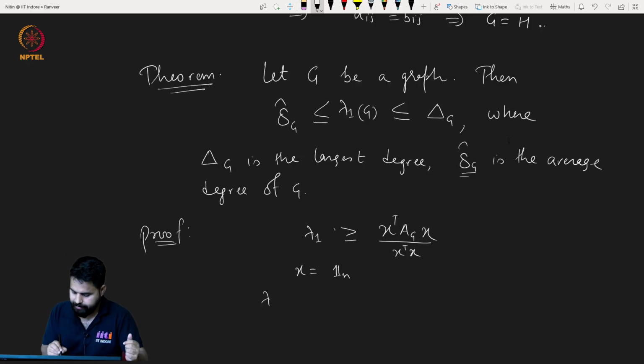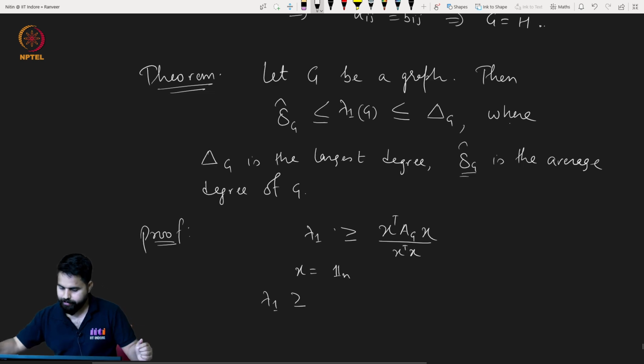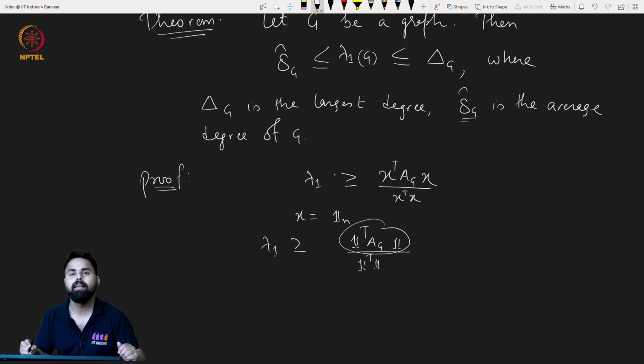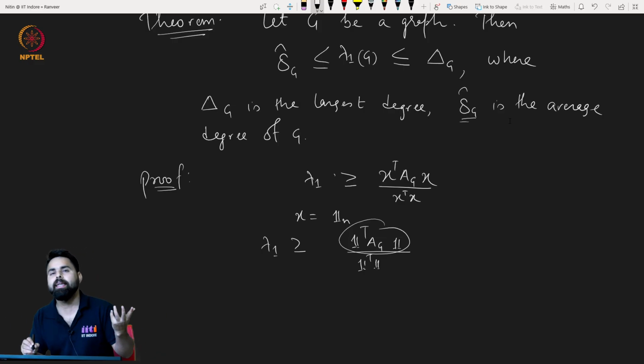So I can write lambda 1 is always greater or equal to the all-ones vector transpose times A(G) times the all-ones vector, divided by the all-ones vector transpose times the all-ones vector. But what is this quantity? Basically it is adding all the entries of A. How many ones are there? It is equal to twice the number of edges, because an edge is counted twice.